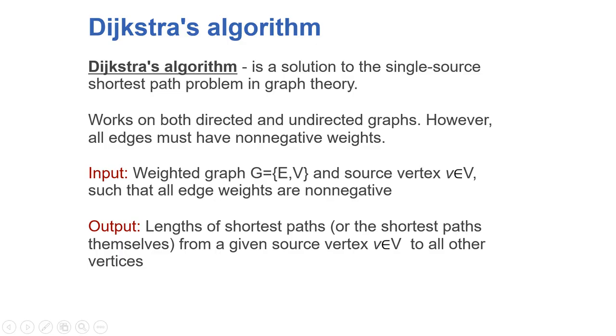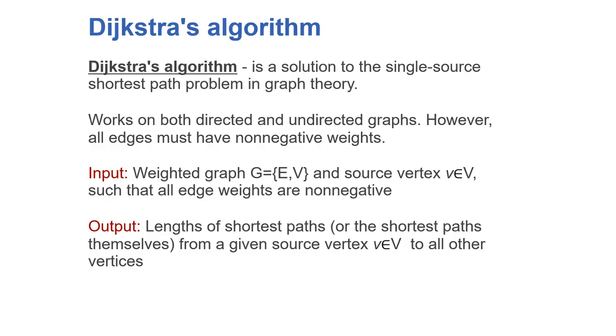Now, the input for Dijkstra's algorithm is a weighted graph G, where we have vertices and edges, and a source vertex. I need to mention which vertex I need to start from, and then I can calculate the respective distances from that source node to other nodes.